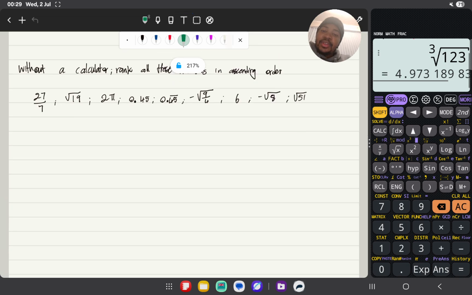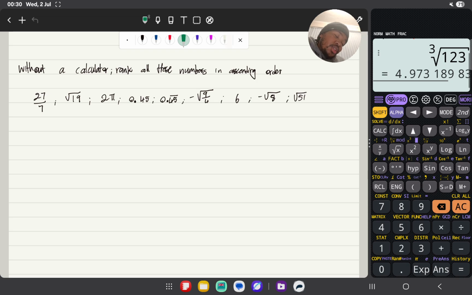So we have these numbers here, and I want us to rank them in ascending order, right? The most important thing before we start answering the question is to ask yourself, what is ascending order? Ascending order, we start from the smallest to the largest.